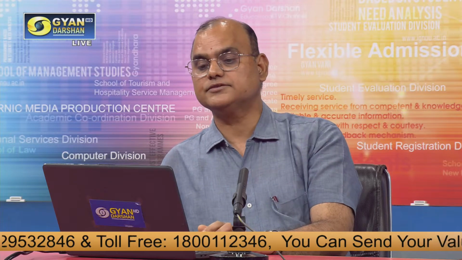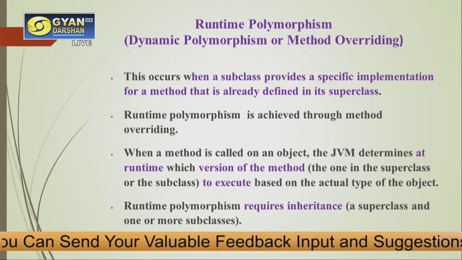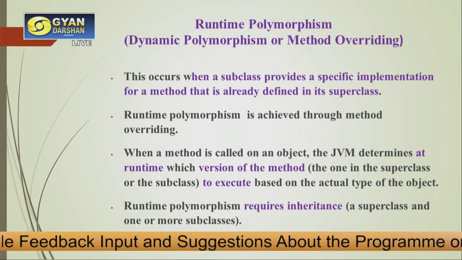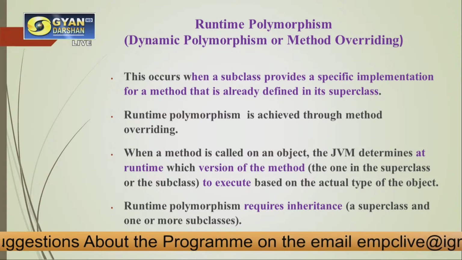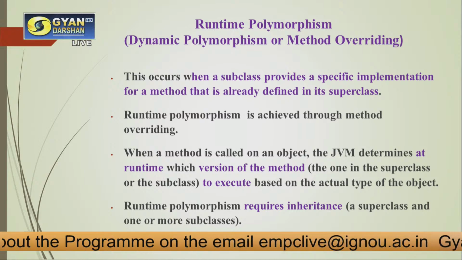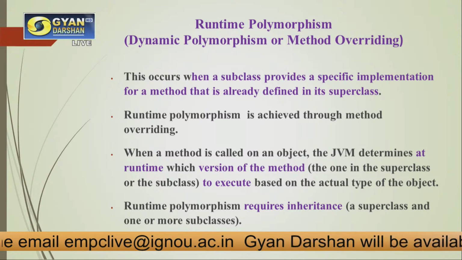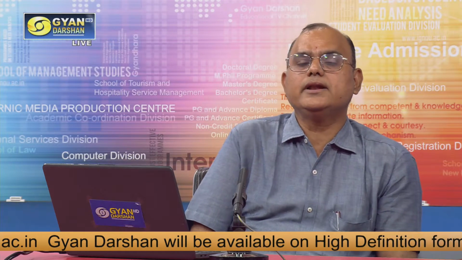Now next comes runtime polymorphism, that is dynamic binding, or dynamic polymorphism, or method overriding. Whenever we are doing inheritance in object oriented programming, one key purpose is code reusability. For that purpose only we are doing inheritance.